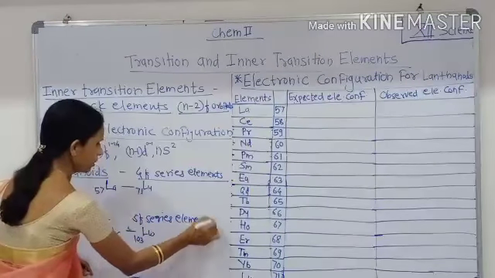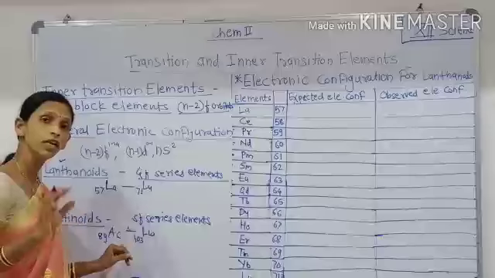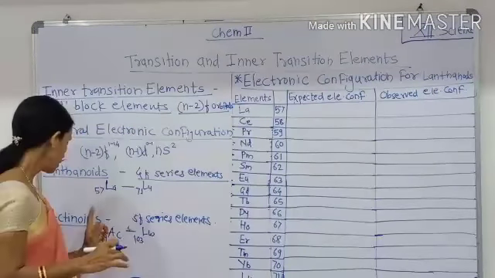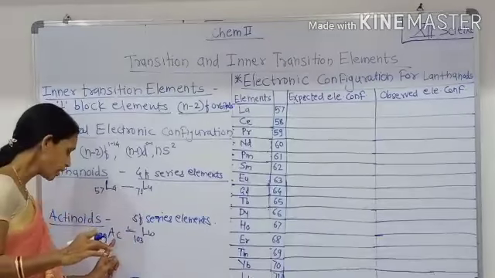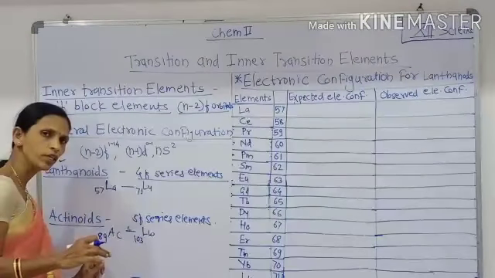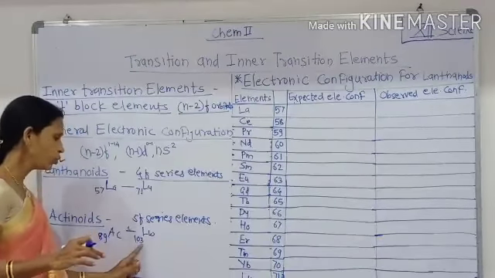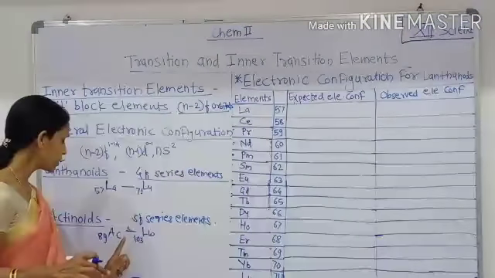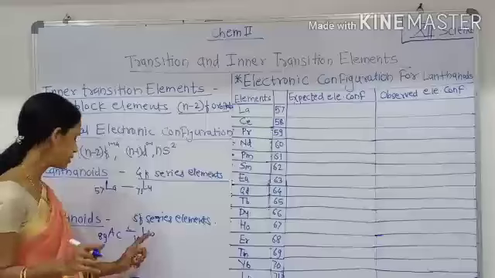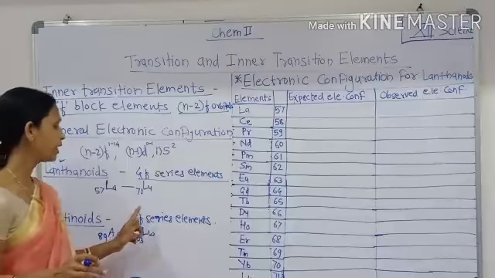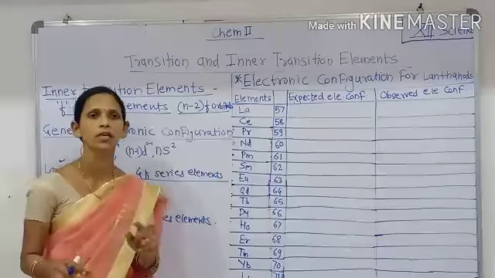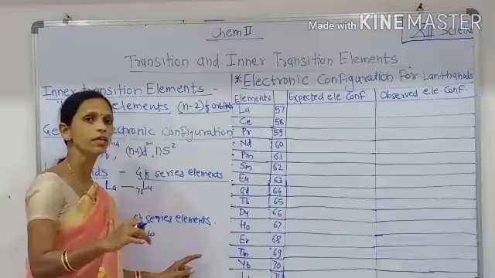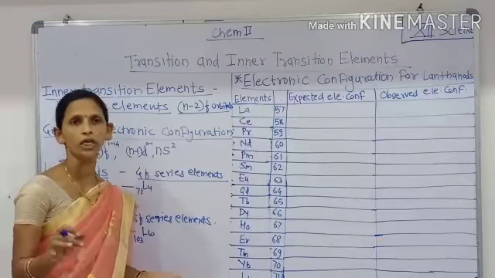This series starts with actinium, atomic number 89, to lawrencium, 103, and is present in the 7th period of the periodic table.